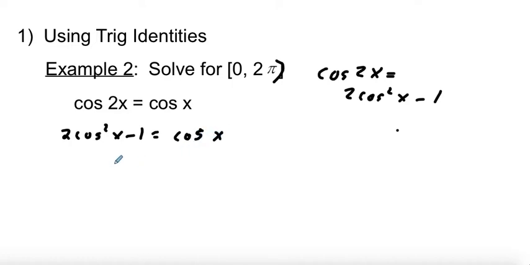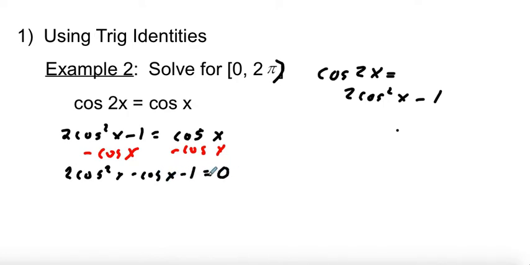Alright, so now since we got a quadratic, let's bring everything over to one side. So now, on the left-hand side, I'm simply left with 2 cosine squared x minus cosine x minus 1 equals 0.